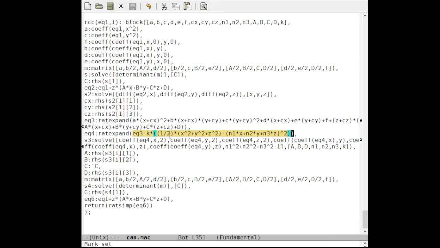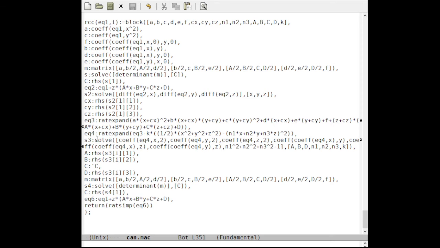This is the square of the cosine of pi over 4, the sum of the squares of x, y, and z, and then the components of the unit vector along the axis of the cone in a product with x, y, z squared.